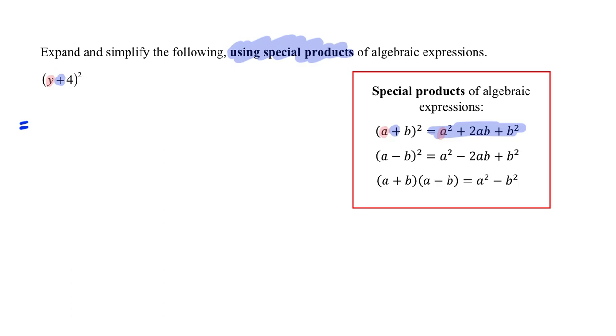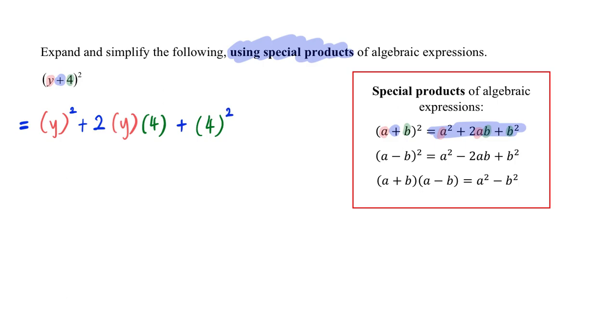So this one will be my y square plus 2ab. Okay, so I just need to substitute into this formula and you will actually straight away very quickly get what is required.